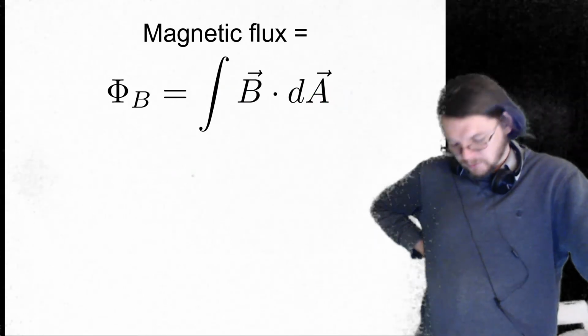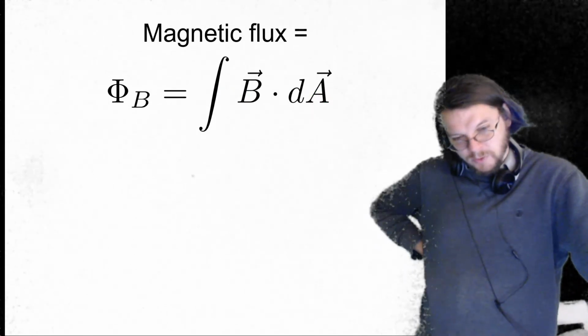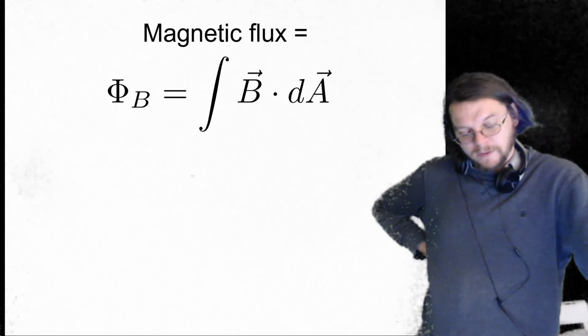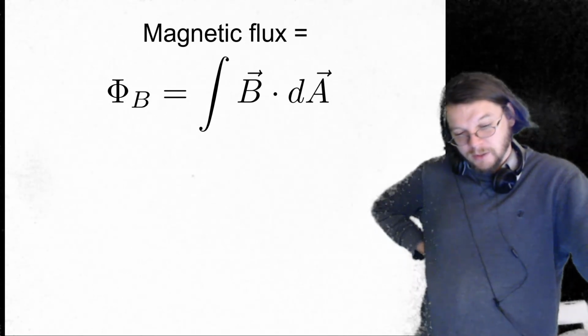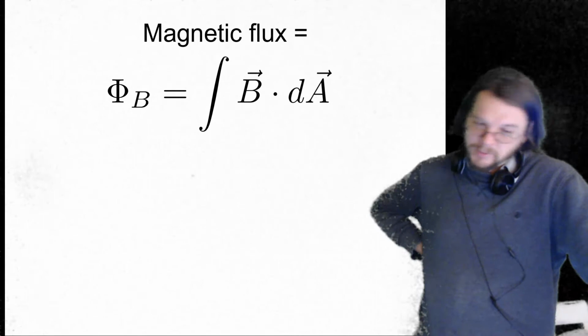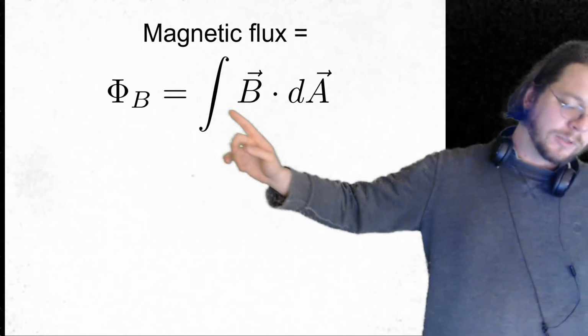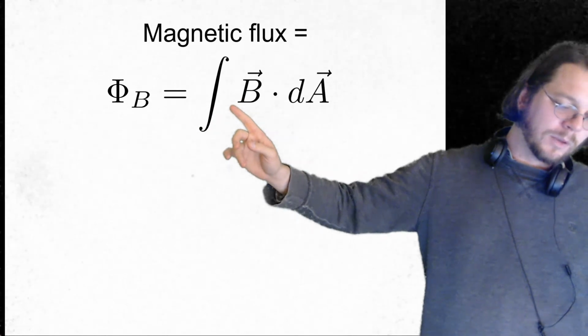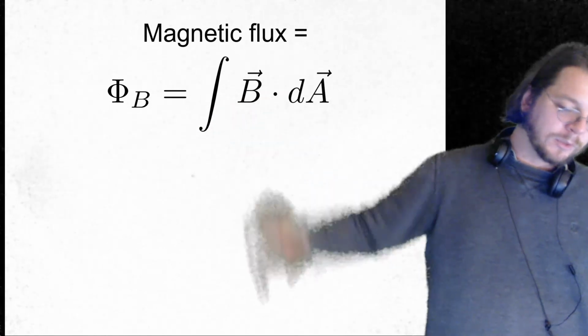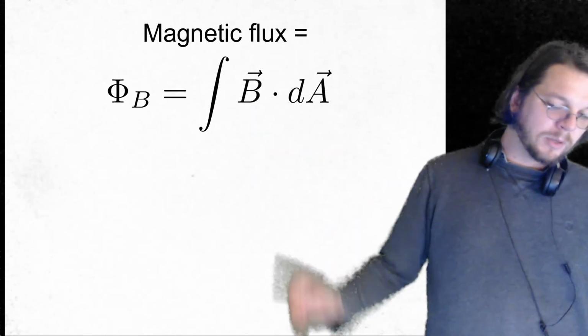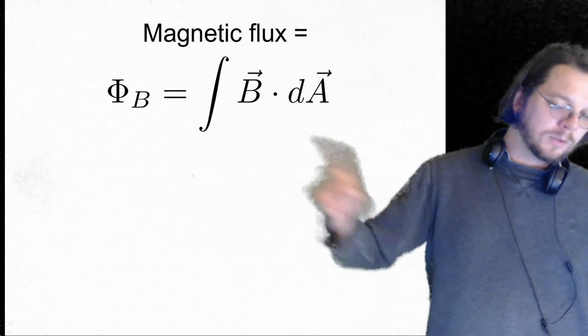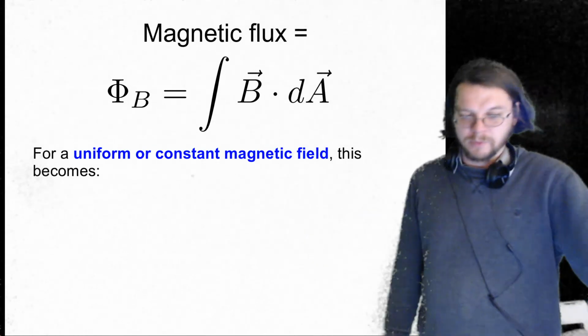The magnetic flux looks like this. Again, this is somewhat similar to your Gauss's law with electric flux, but now it's magnetic flux. An important difference is that it's not over a closed surface. It's just over some surface, which may or may not be closed. And so this is what you would find from that.